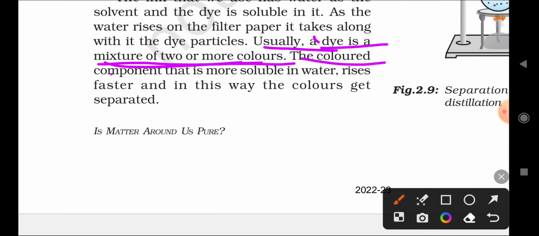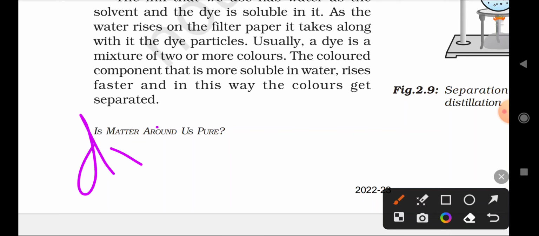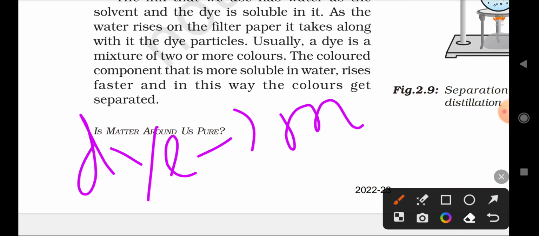The colored component that is more soluble in water rises faster. So the dye component which is more soluble in water goes to the vapor stage faster compared to the other particles. The dye is a mixture of several colors, two or three colors, and the color that combines with water more readily will move very easily into the vapor state as water moves to the vapor state.